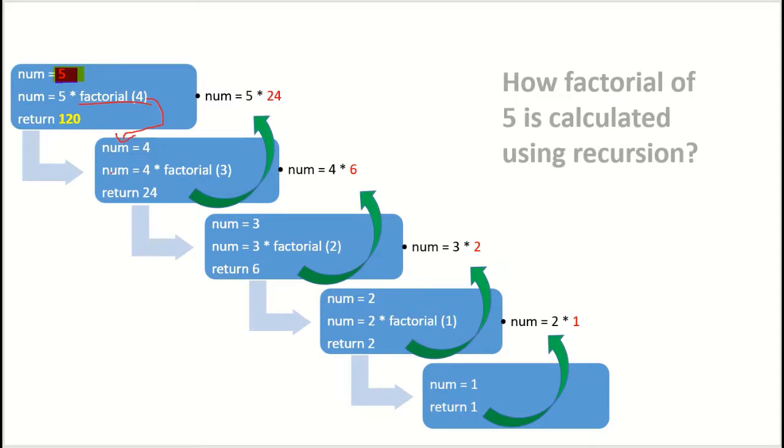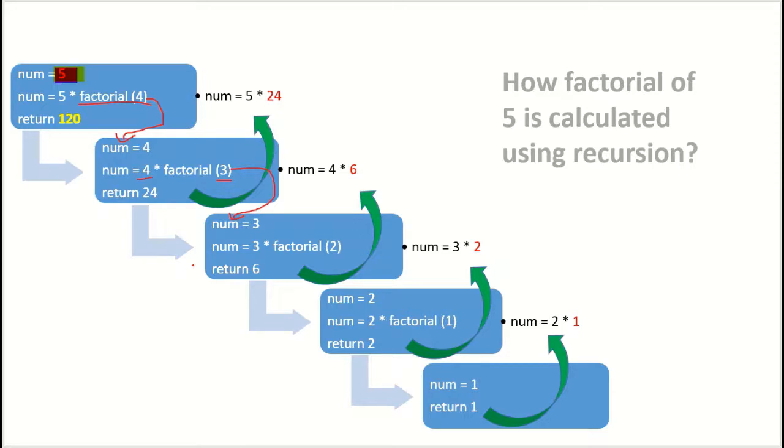So now num is equal to 4 and it is calculating num is equal to 4 star factorial of 3, that is n star factorial of n minus 1. Now this will create another copy of the code and the execution transfer is now at the third copy.